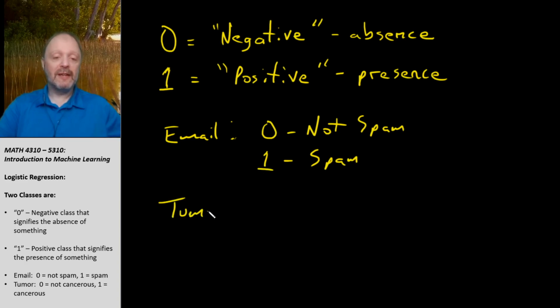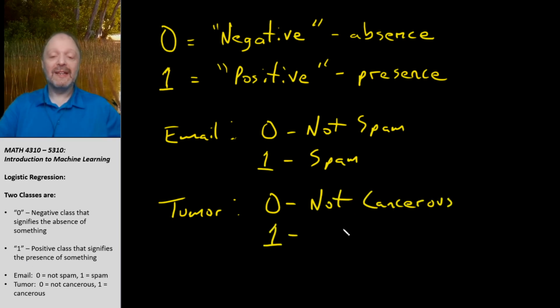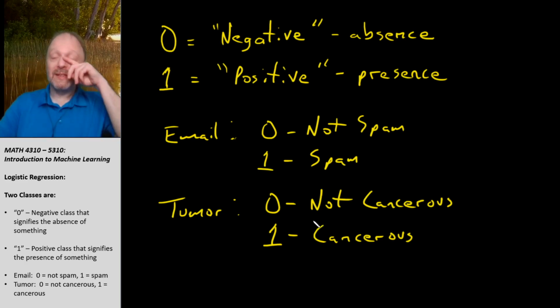If we're looking to see if a tumor is cancerous, 0 means that it's not cancerous. And then the 1 group would indicate the presence of cancer, so that would be cancerous. So your 0 group is the absence of whatever trait you're sorting by. The 1 group is the presence of it. It means it's there. Alrighty, so not too bad.